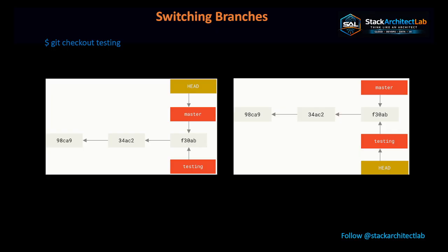As soon as I say this, you see the difference. HEAD comes here. Earlier it was pointing to master, now it is pointing to testing. That is the difference, and this is how it works. So this is checkout. When we do the checkout, this thing happens.